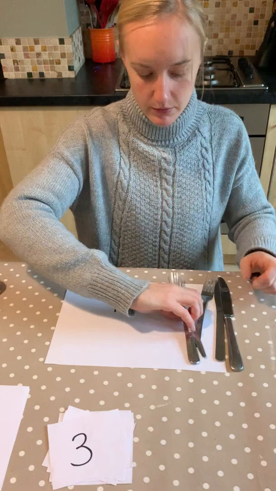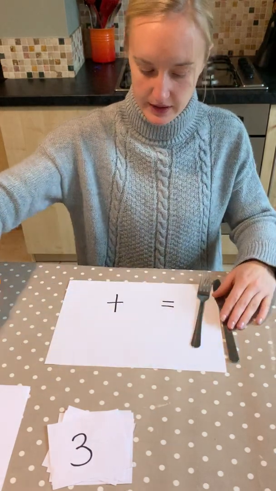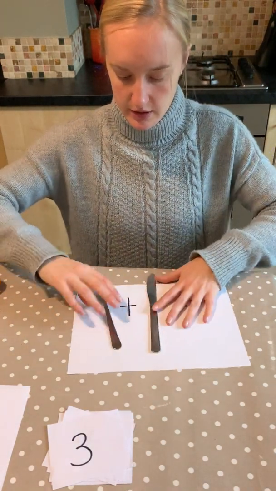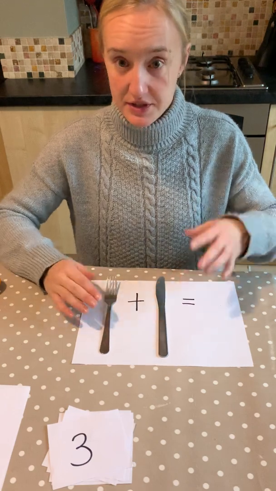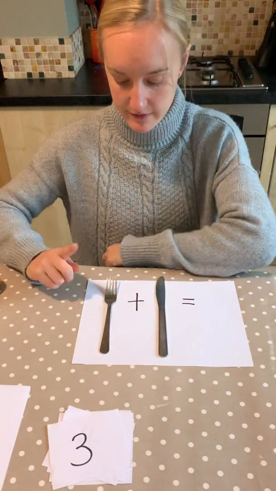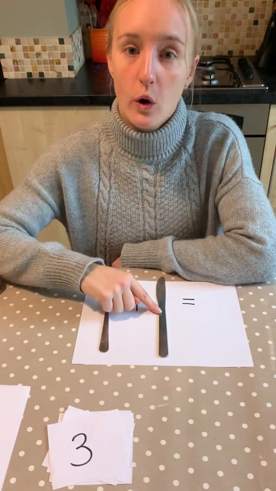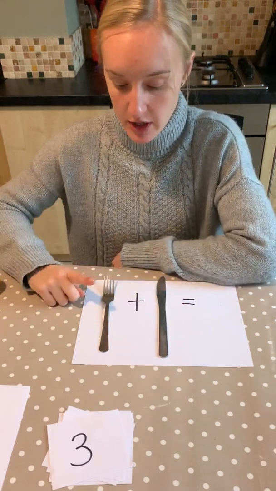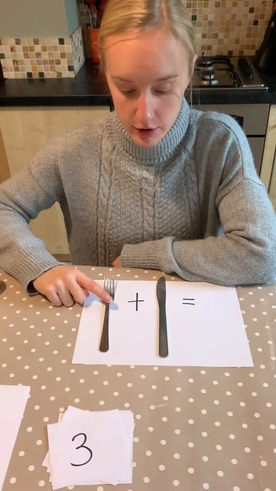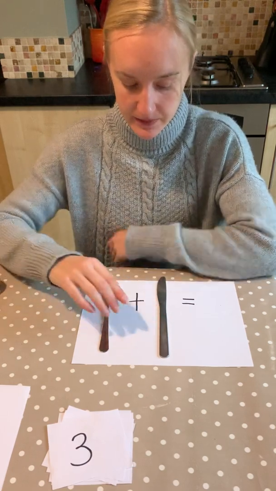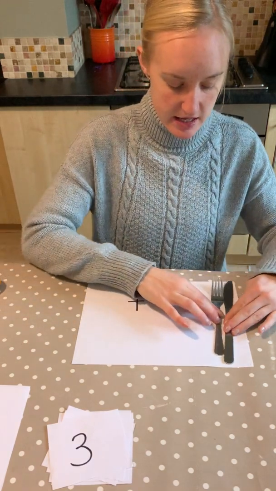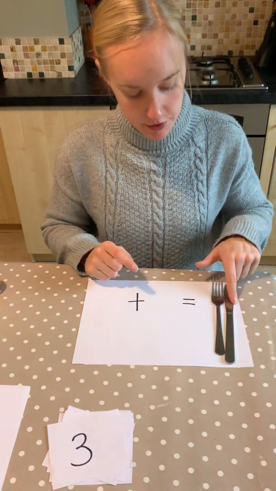Let me do it one more with a different amount. Here we go. So this time I've got the same object but different amounts. Can you help count how many I've got? So I've got 1 fork plus 1 knife. Can you say that? 1 fork plus 1 knife. Together they equal 1, 2.